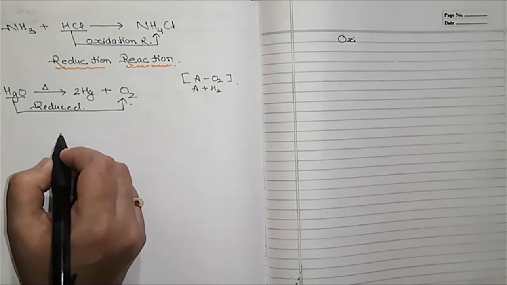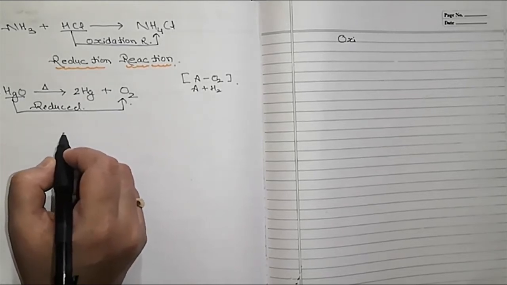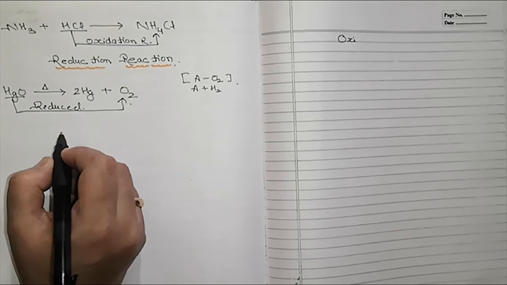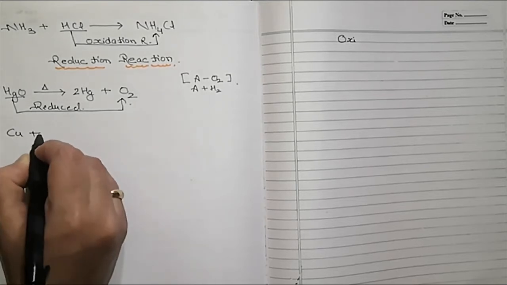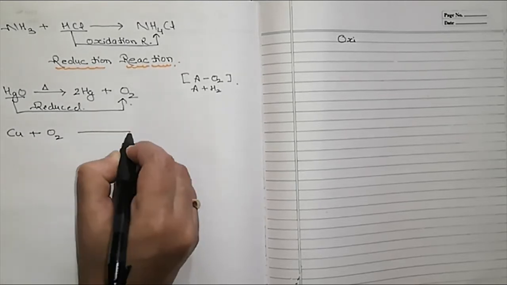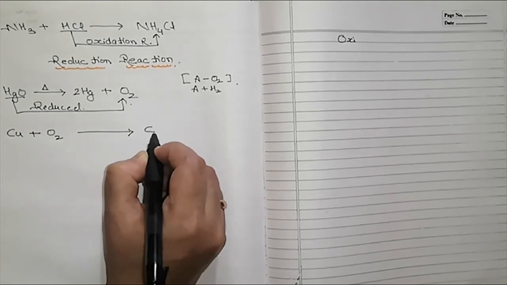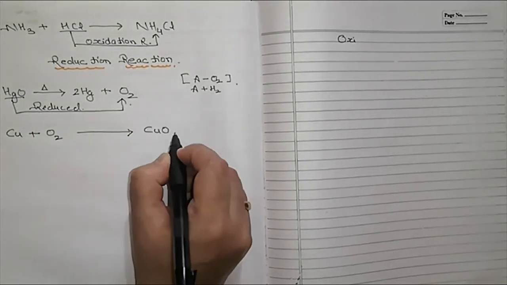So in the redox reaction, which is given in your book, when the copper powder is heated, copper oxide is formed, because there is a black coat on it. So let's do copper plus oxygen. When you heat copper plus oxygen, copper oxide will be formed.